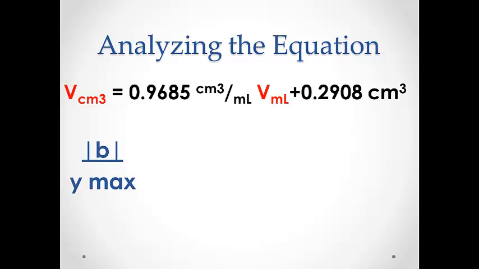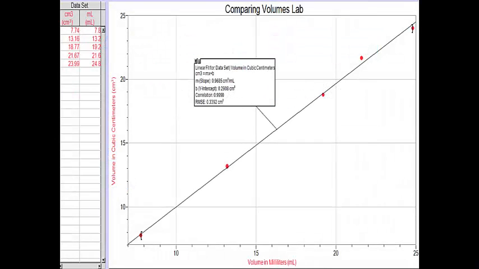To determine this, we will run a simple analysis on our y-intercept by taking the absolute value of the y-intercept and dividing it by the highest value that we measured in our y variable. We know the y-intercept value from our equation, in this case, a positive 0.2908 cubic centimeters. To find the highest y value, we need to go back to our data.